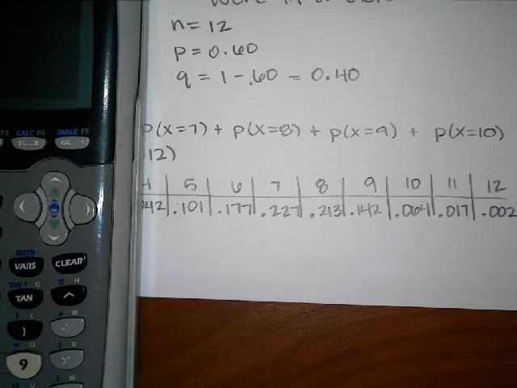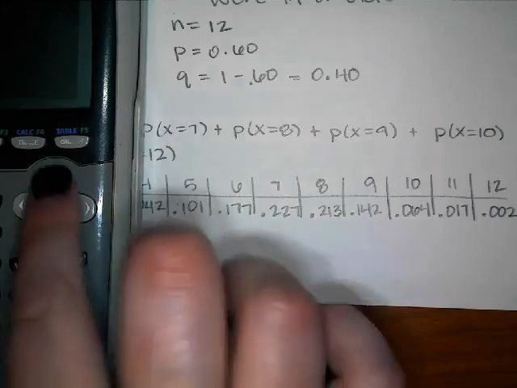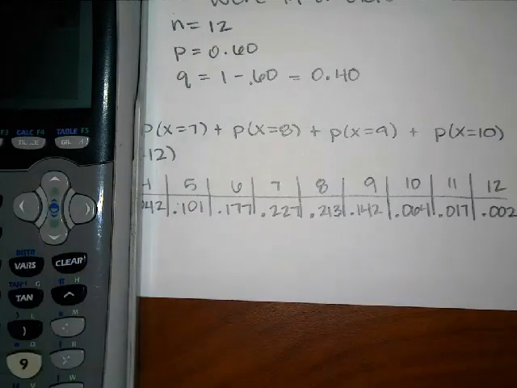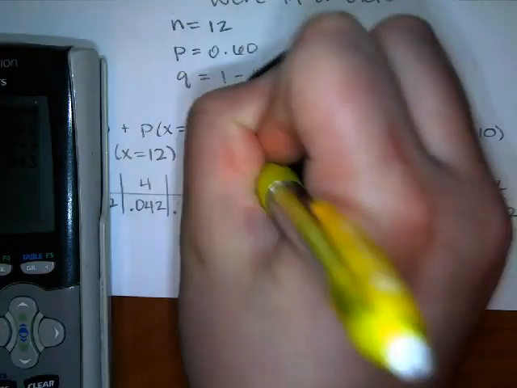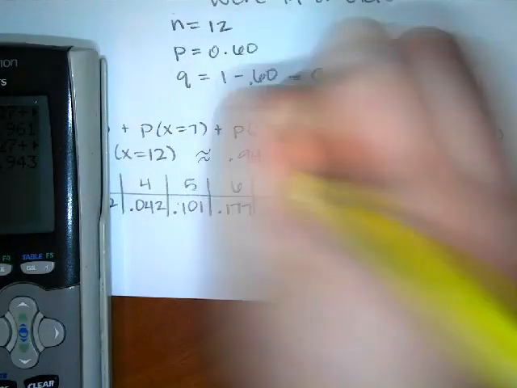And so this is approximately 0.943. And if you wanted to check your work and do all of these in the calculator and then add them all together, you absolutely could.